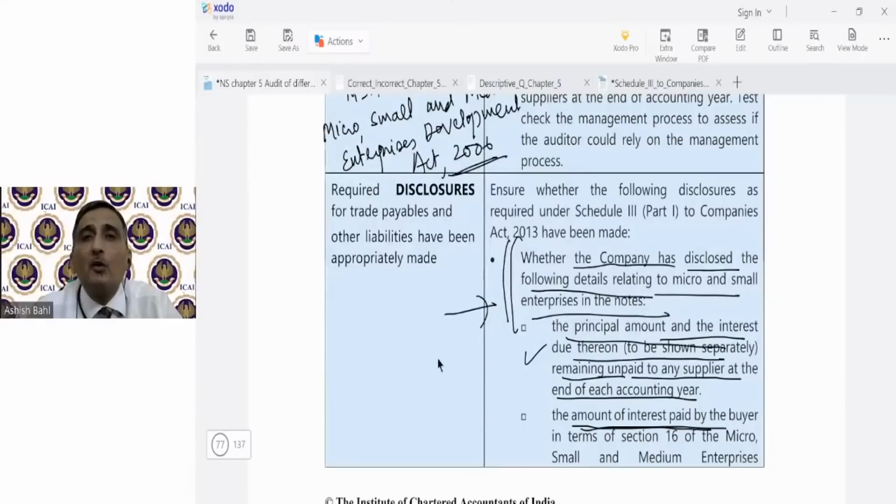So, students, you have to keep in mind these four basic things. So that is why I have given you a background of MSMED Act. You need not remember the definition of micro enterprise, small enterprise. You just have to understand what these things are. Okay.